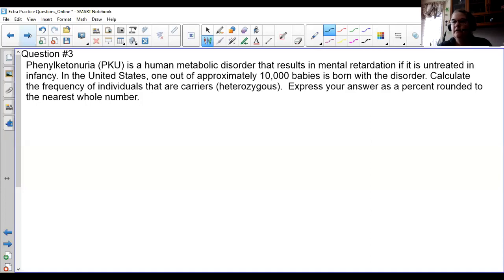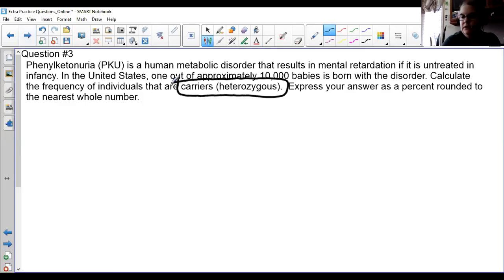All right. So remember how we start these questions. We either start by the question giving us an allele frequency or the question giving us the frequency of individuals that are recessive, that have the recessive trait rather. So this question is asking me for the frequency of individuals that are carriers.